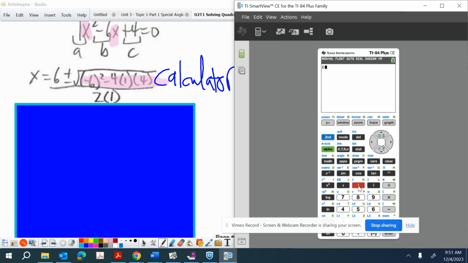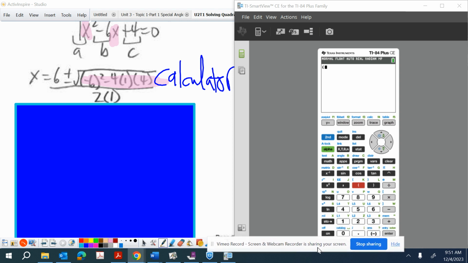I'm going to do just like it says. Negative 6 in parentheses, squared, minus 4. That doesn't need to be in parentheses. The 1 needs to be in parentheses in case it's negative, and the 4, which is your C term.